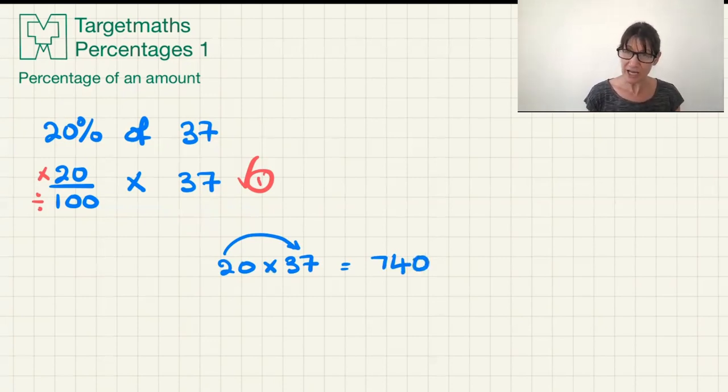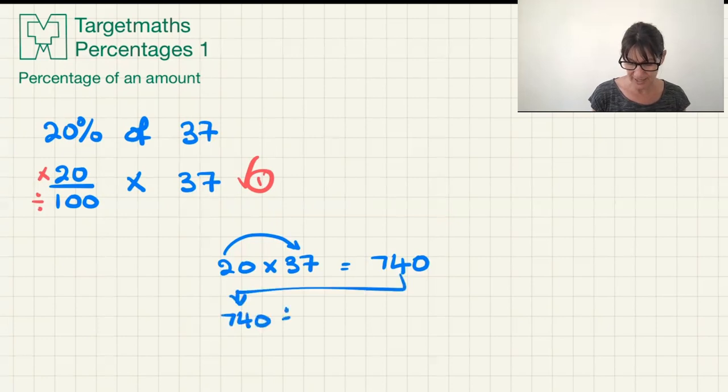So 20 times 37 equals 740. Then 740 is divided by the bottom, which is always 100. Those 2 zeros mean, because it's a whole number, I can just move 2 places and I've got 7.40.